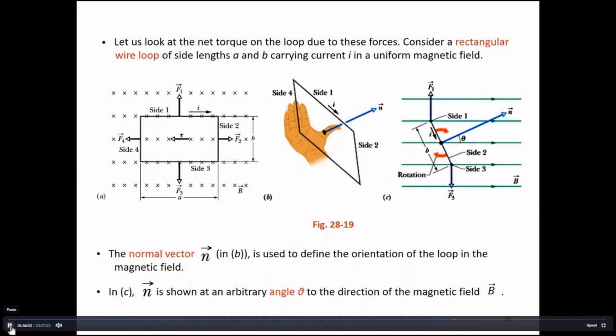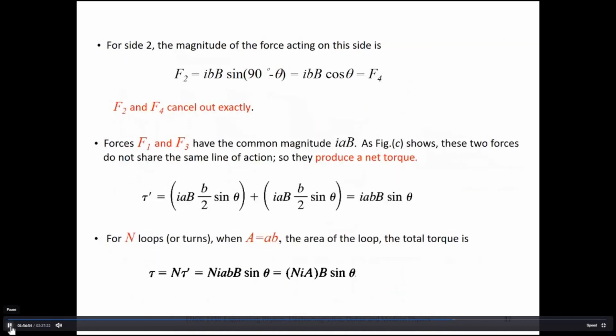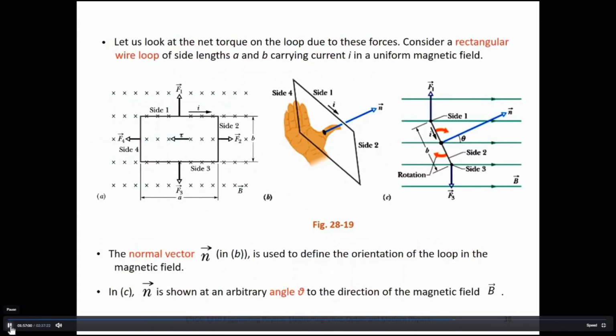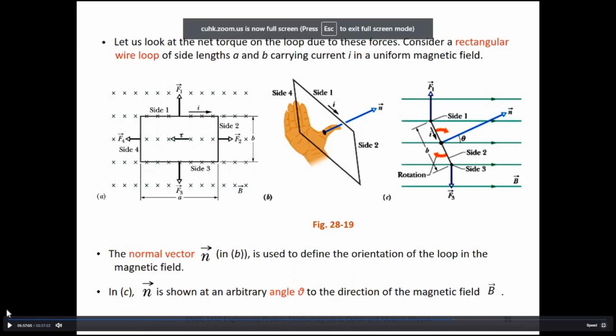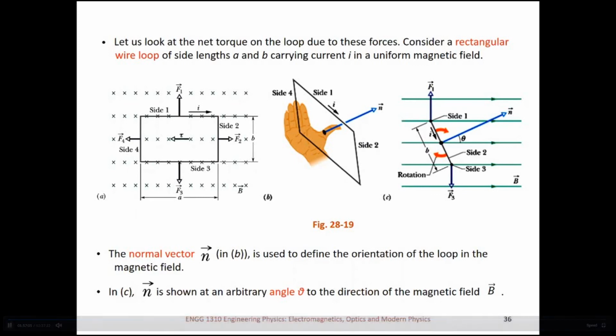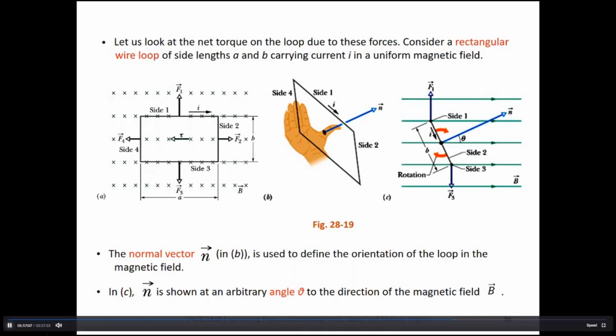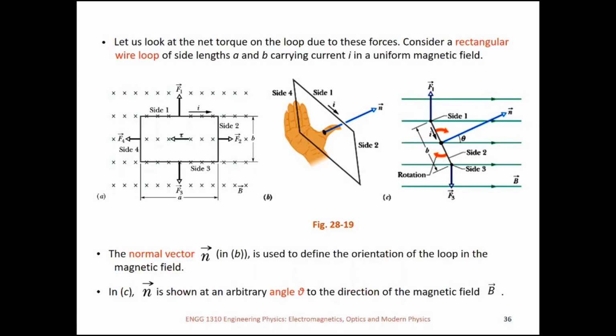Okay, so if you take a look at F2 and F4, they have an equal amount, and you can check the point where they act.